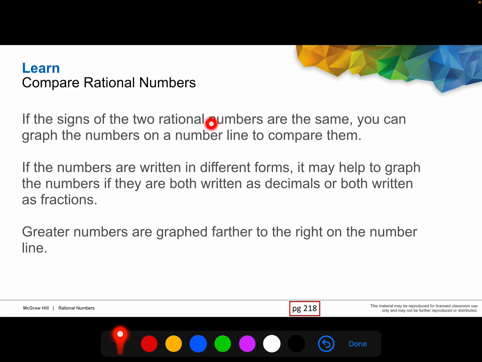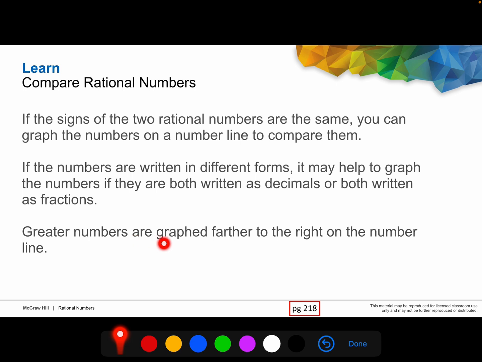Now, if the signs of two rational numbers are the same, we can graph them on the number line to compare them. Also, if the numbers are written in different forms, it will help us to graph the numbers as if they're both written as decimals or both as fractions. That judgment of which one you use is going to depend on each question and each number.